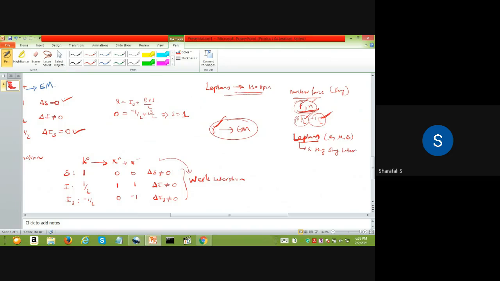They will not interact with each other through strong interaction. That is not possible. Because of that, we do not consider isospin for these leptons.